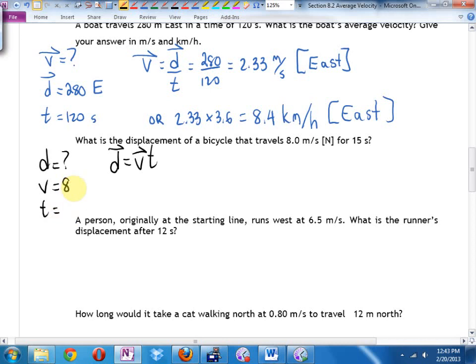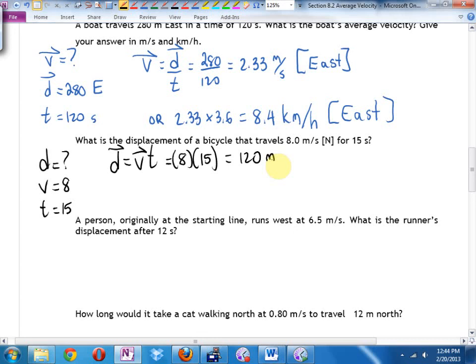What's the t? So it's going to be 8 times 15. 120? Double check me. Yeah? 120 what? That's a distance, not a displacement.